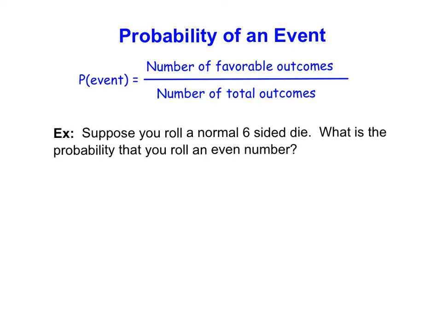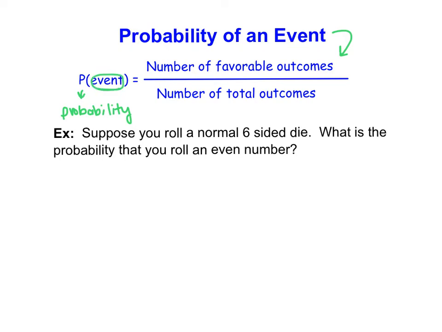So now that we understand those 3 vocab terms, we can now look at the definition of probability. And the probability of an event is given by the fraction that you see right here. So here it says P. This P here stands for probability. And what this statement on the left is saying is the probability of an event occurring.